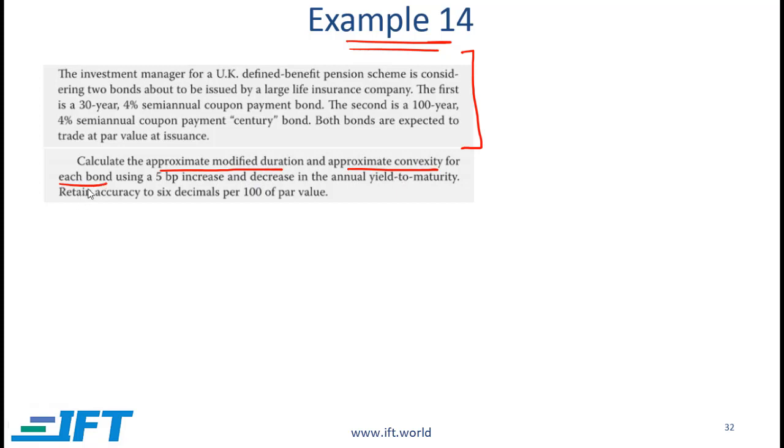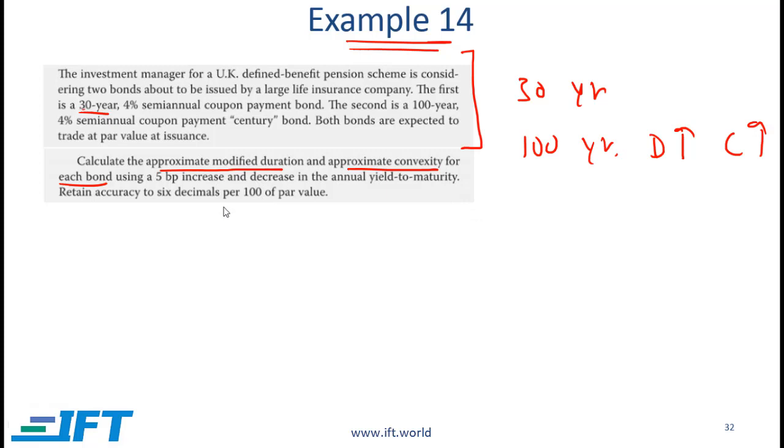The two bonds here, one is a 30-year bond and the other is a 100-year bond. Even without doing the calculation, I hope you now have an intuition for the fact that the duration is going to be higher for the 100-year bond and the convexity is also going to be higher.